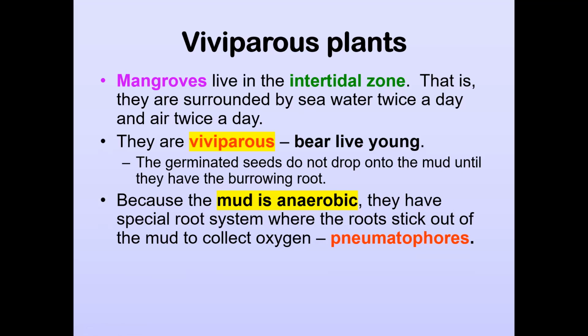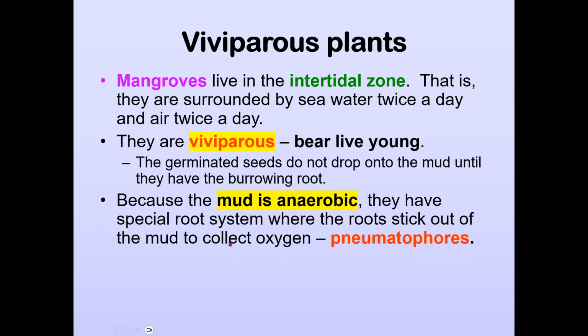There's no oxygen there like normal soil. So they have to have a root system where you've got two parts to it. It sticks into the mud and stops it being washed away by the tides coming in and out. And also it has other roots which stick out of the mud, which collect the oxygen.